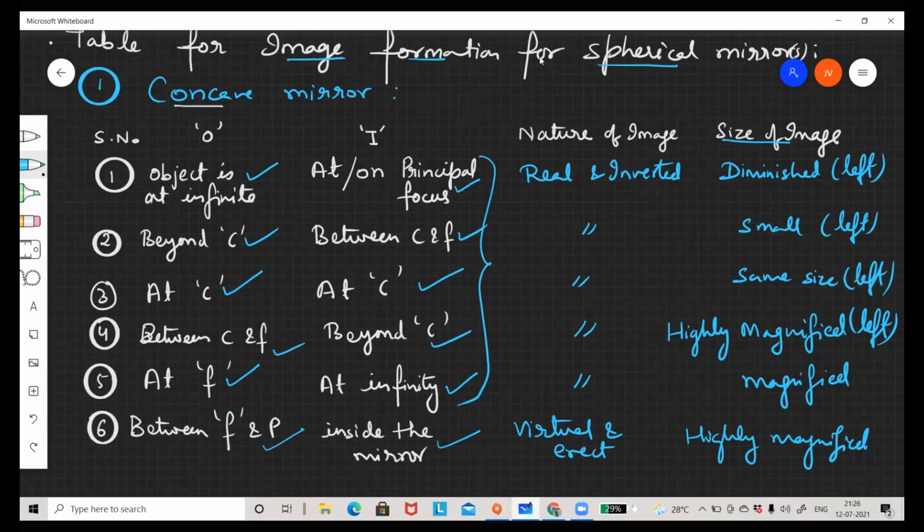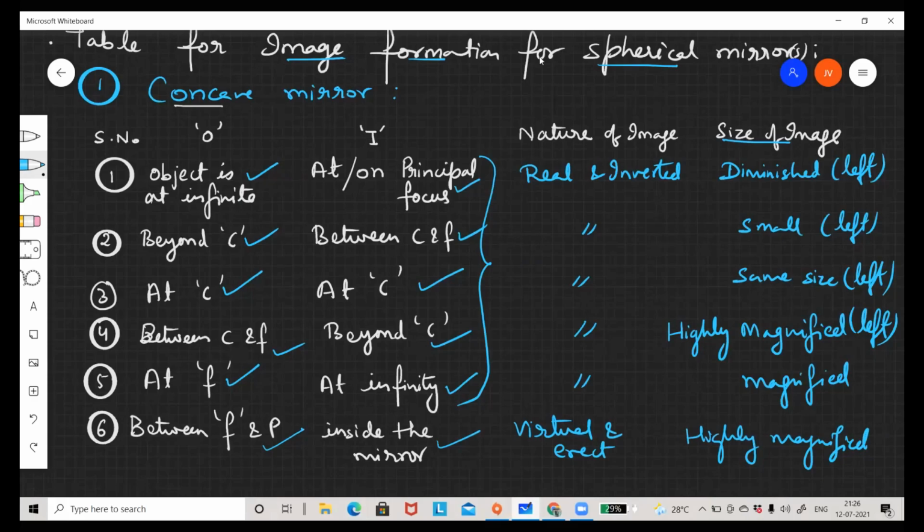So that last case is the case of the dentist mirror, or jewelry mirror, or shaving mirror. Sometimes they ask us to draw the ray diagram of a shaving mirror or dentist mirror, so we have to draw the last case. So these are the cases of image formation for a concave mirror.